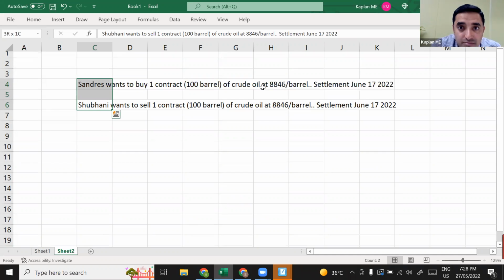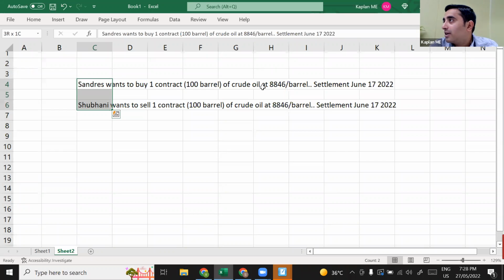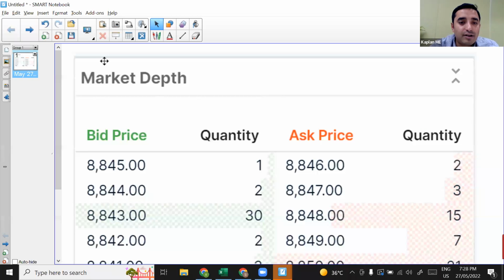So there's a contract that happens somewhere in the back end, which you won't be able to see, but Sanders has agreed to buy 100 barrels of crude oil and Shubhani has agreed to sell 100 barrels of crude oil at 8846 per barrel on 17th of June 2022. Is it clear?